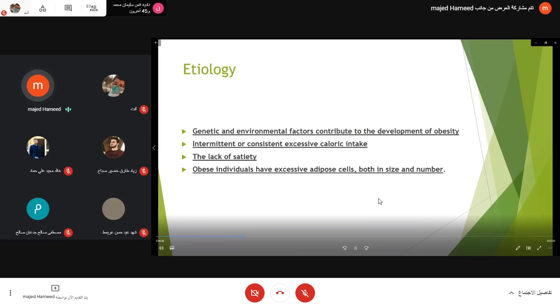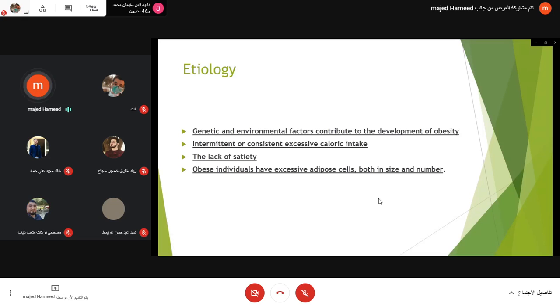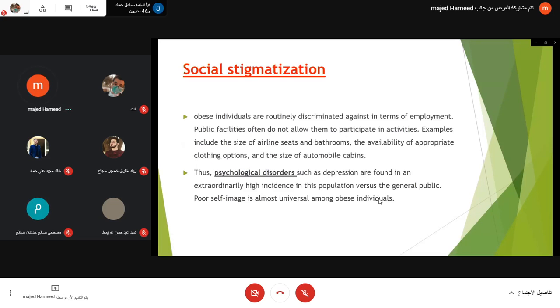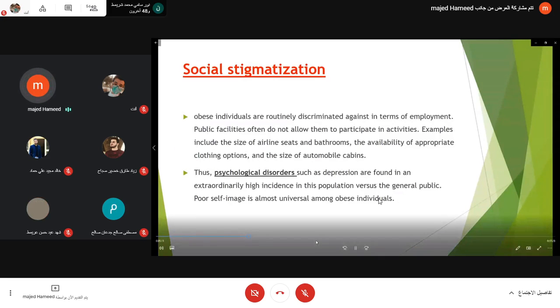Obese individuals have excessive adipose cells, both in size and number. Social stigmatization: obese individuals are routinely discriminated against in terms of employment. Public facilities often do not allow them to participate in activities.